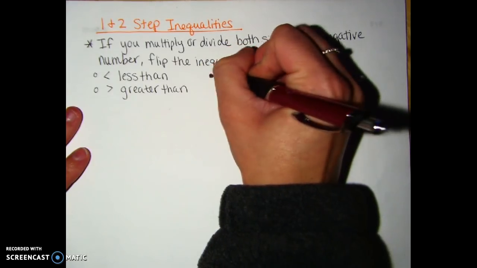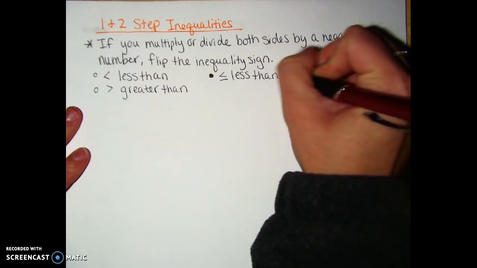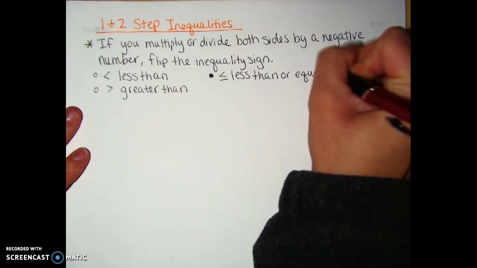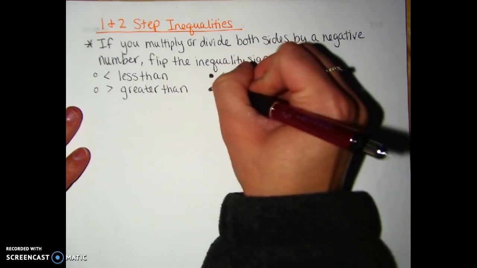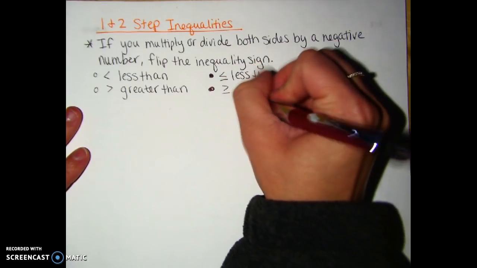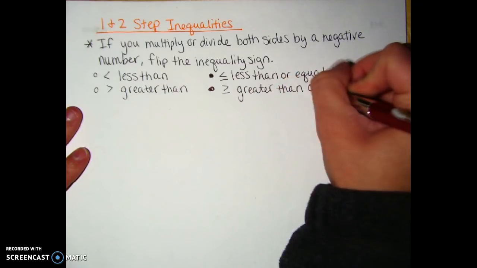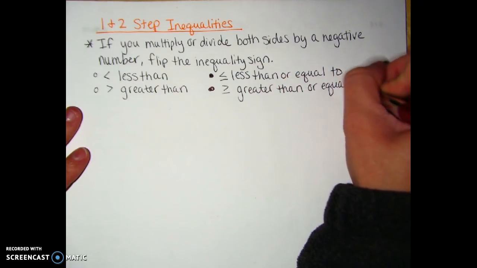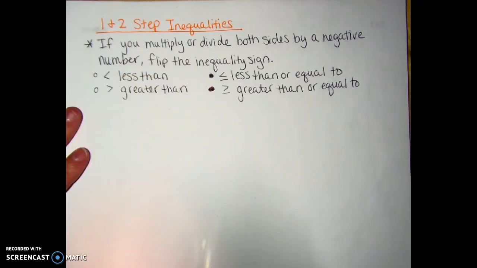This one is less than or equal to, and this one is greater than or equal to. And yes, there's a reason why I put those dots shaded here and open there, and I'll explain why after we do an example and I show you how to graph it. So let's go ahead and do some examples.